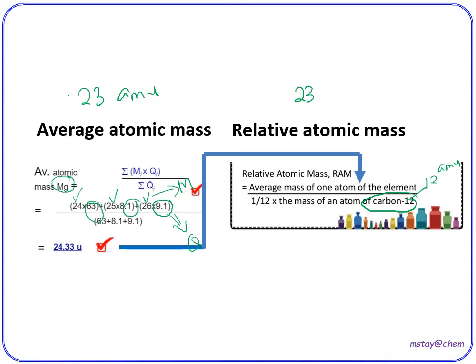The average atomic mass of an atom of the element is the one that you found earlier. So let's say this is 24.33 U over 1 over 12 times 12 U. So U and U cancel out, and 1 over 12 cancels out with the 12. Finally your answer is 24.33. You can see the number is the same, but the unit is cancelled out. This is the difference between average atomic mass and relative atomic mass.